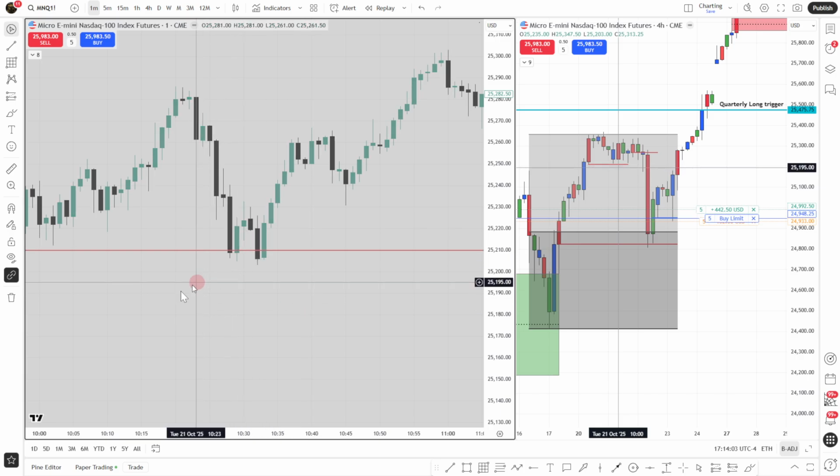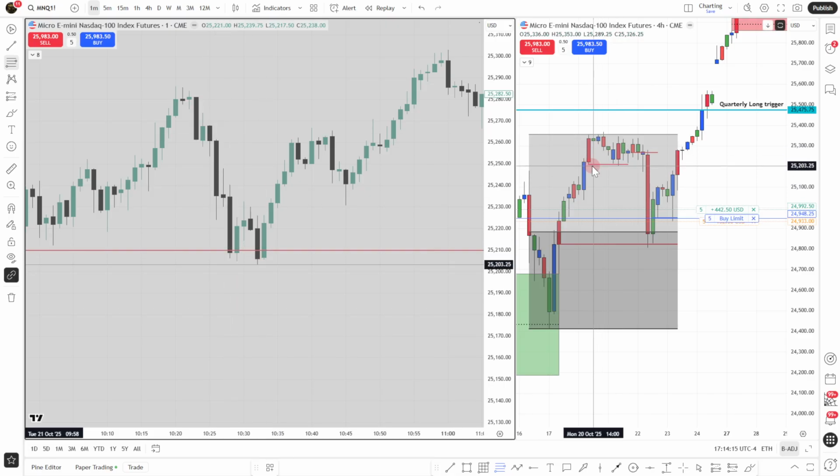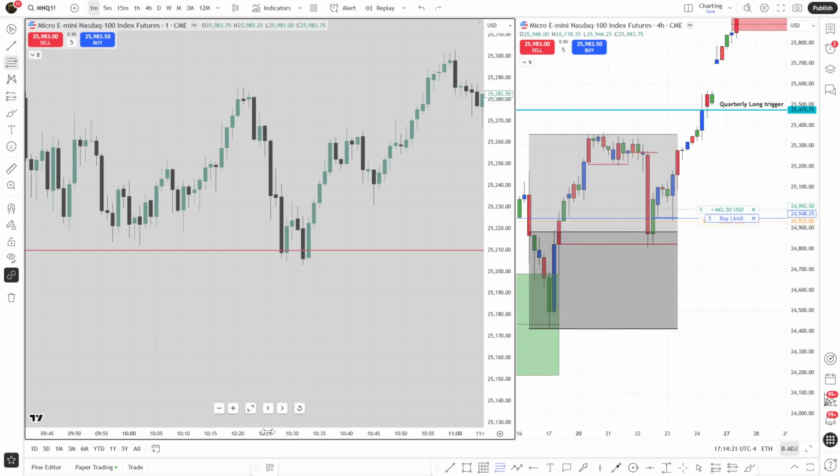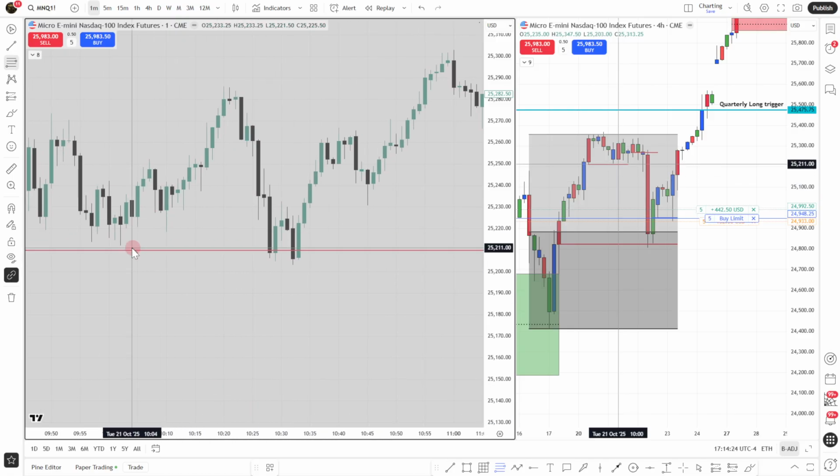So you have the down close candle here, but notice how these don't close below it. It just runs it. This is pretty big. So here's your previous 10 a.m. low, and here's your 10 a.m. candle that runs that low. You get your run on liquidity there. Kind of have some equal lows back here.